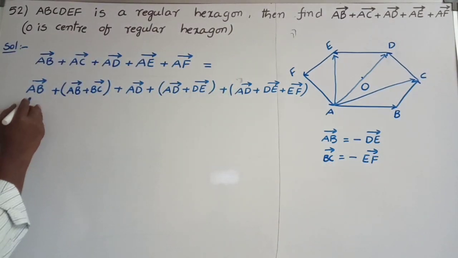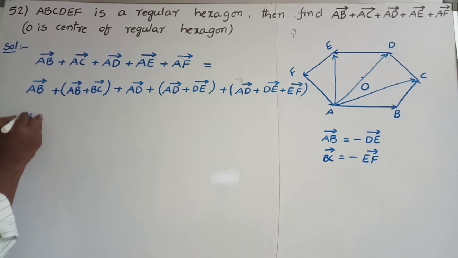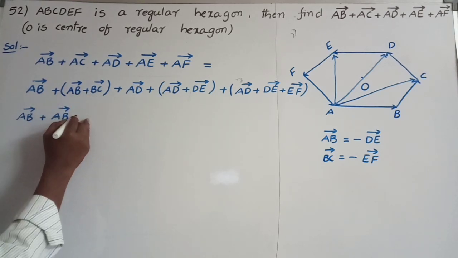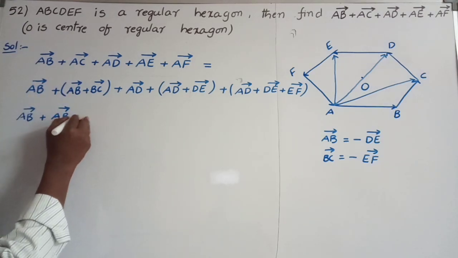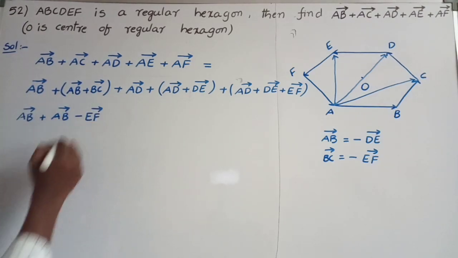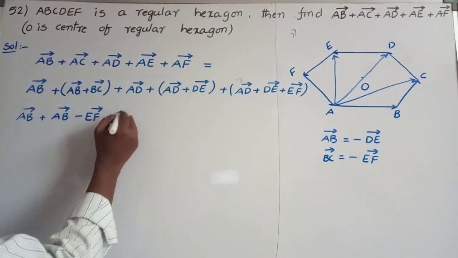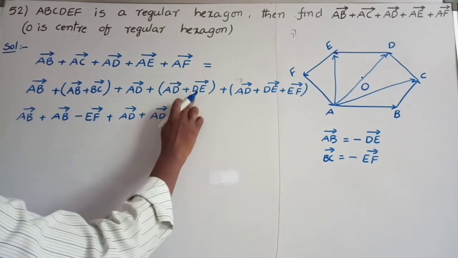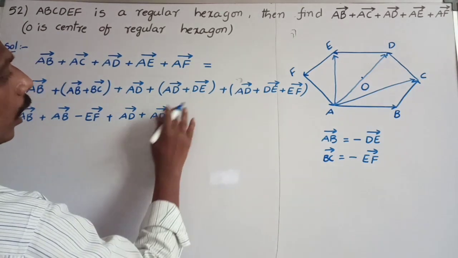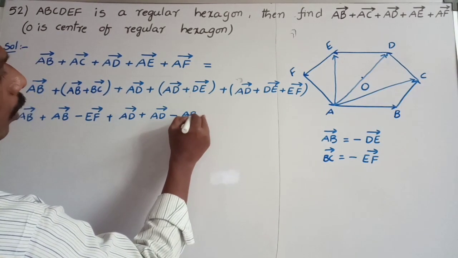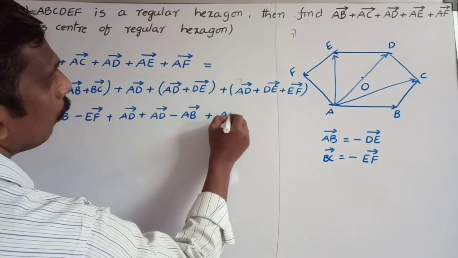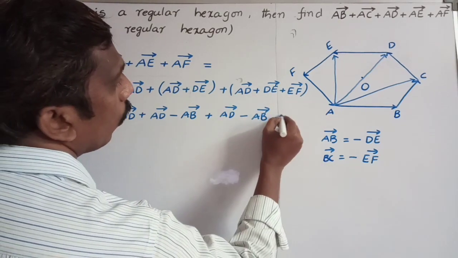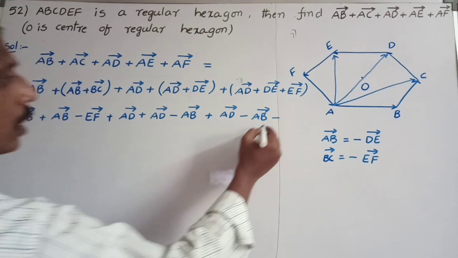So from this we can write AB bar plus AB bar plus BC bar, where BC is equal to minus EF bar, plus AD bar, plus AD bar plus DE, and this DE we can write as minus AB bar, plus AD bar minus AB bar, plus EF.